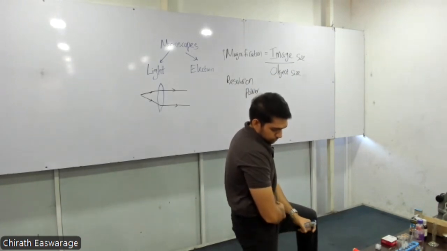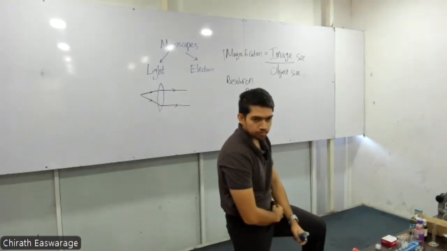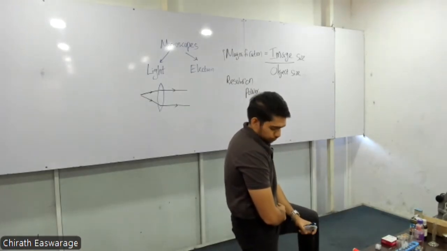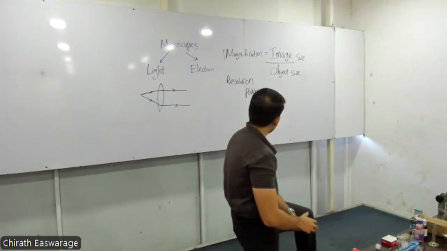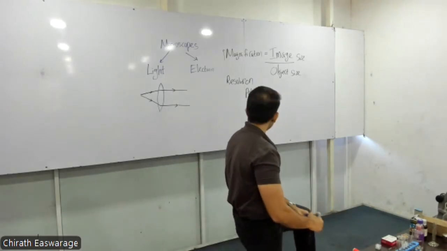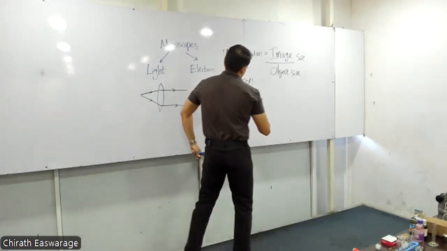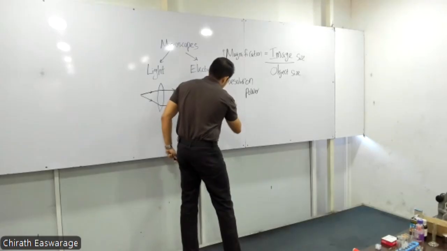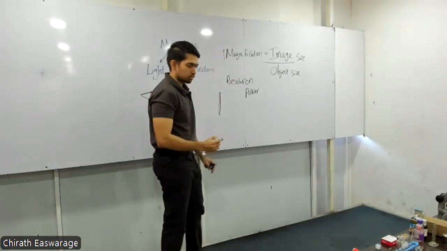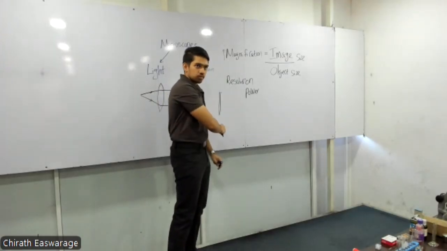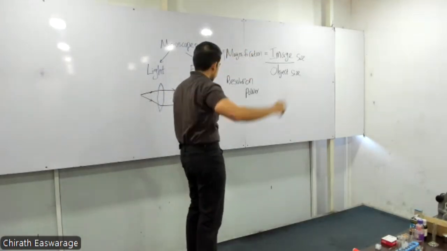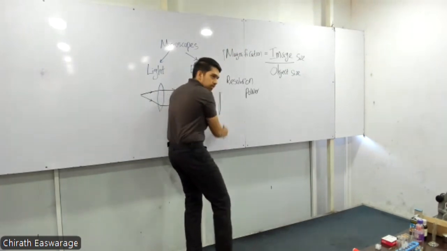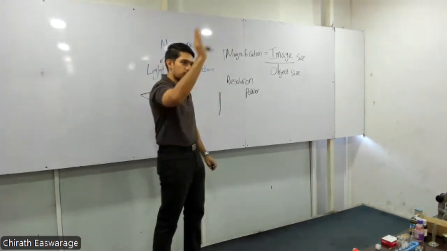Then resolution power is the minimum distance between 2 points that we distinguish as separate points. Highlight that. That means if you are sitting close to the board, you can see that these are two separate lines. But someone sitting at the very back might see it as one single line, because they are far away.